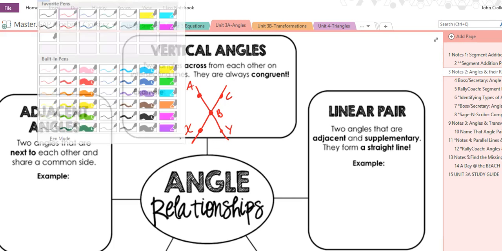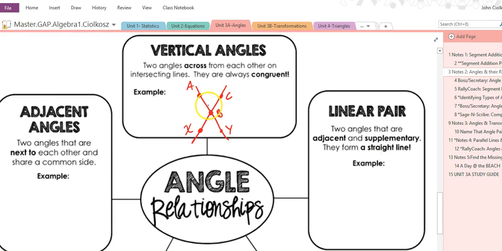So, our vertical angles here would be either here and here. In that case, I would have angle ABC in vertical, so when I get in like that X, that cross pattern, they're always going to be equal. So ABC would be the same as XBY.